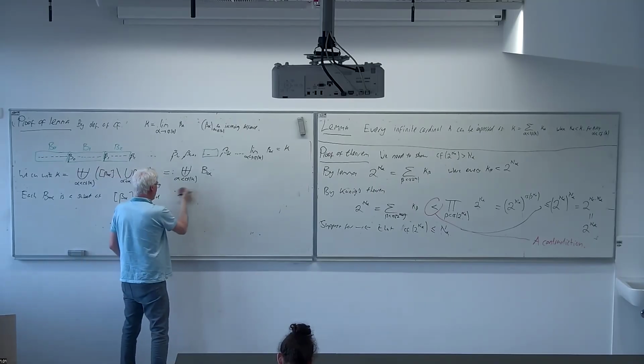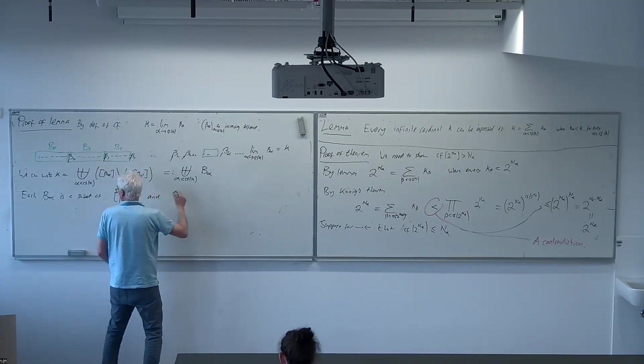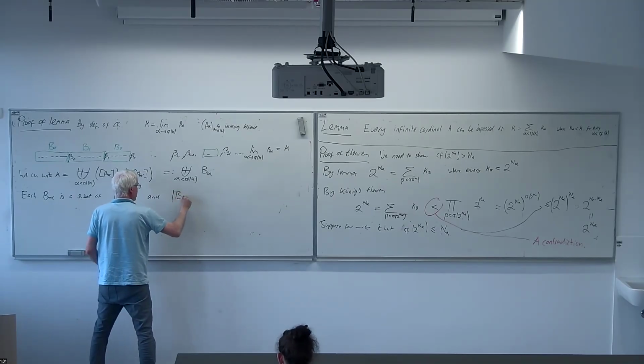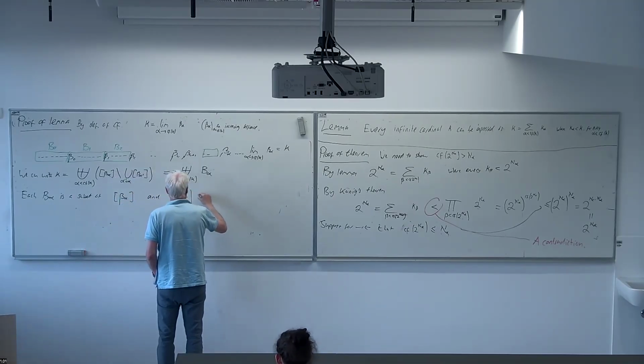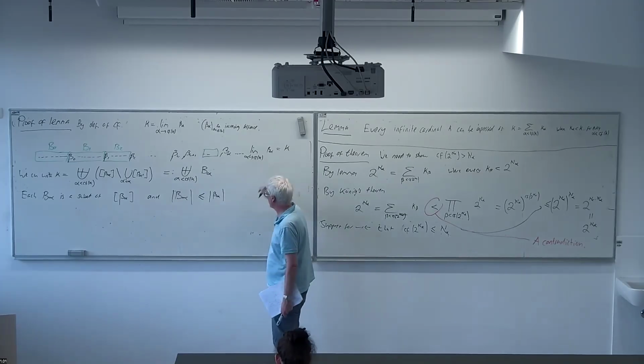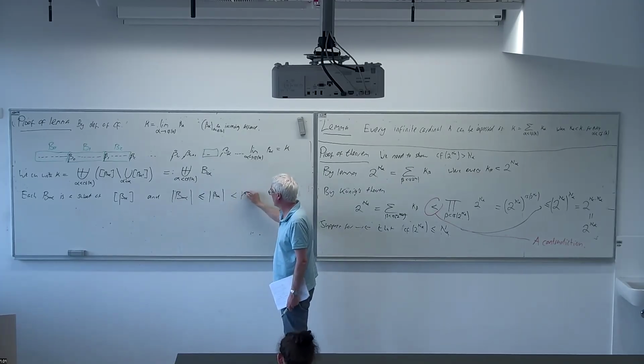I really shouldn't have used B and beta. So the cardinality of the set B sub alpha is less than or equal to the cardinality of beta sub alpha. And because kappa is an initial ordinal, that's strictly less than kappa.